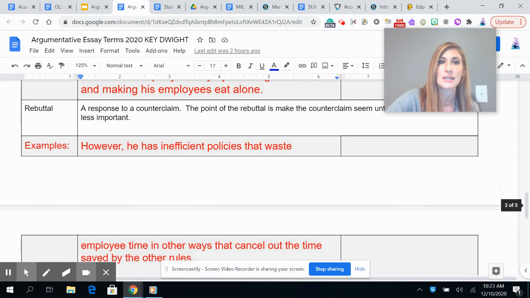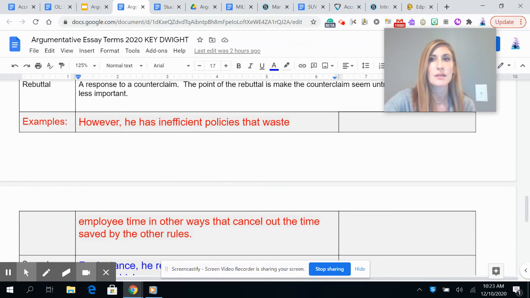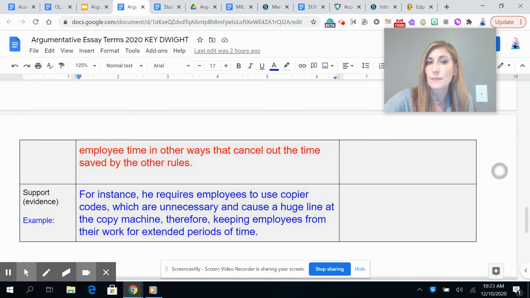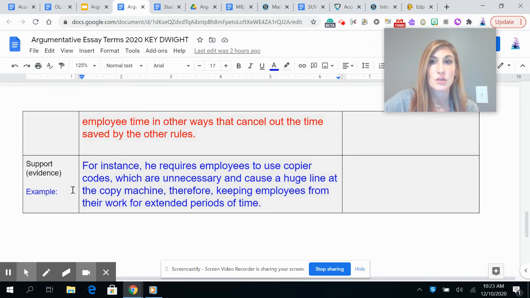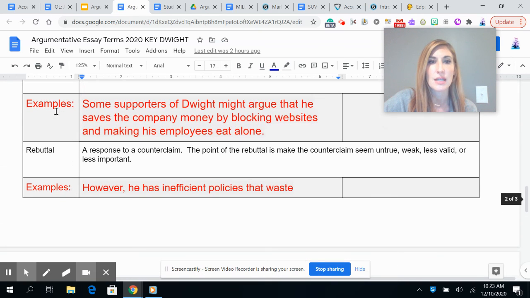So I'm trying to make that counterclaim seem less valid, but now I need to provide support. For instance, he requires employees to use copier codes, which are unnecessary and cause a huge line at the copy machine, therefore keeping employees from their work for extended periods of time. So you can see how I've tried to invalidate that counterclaim.